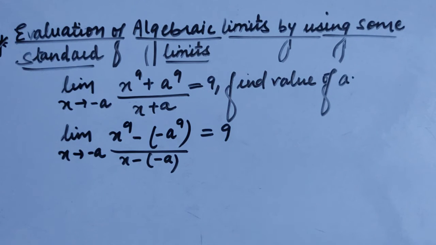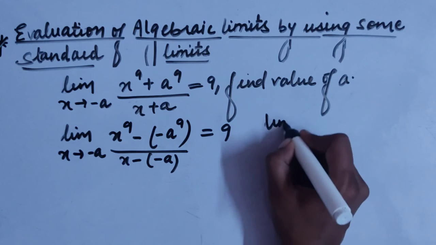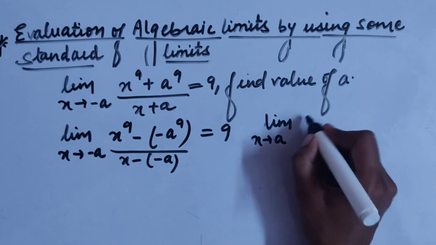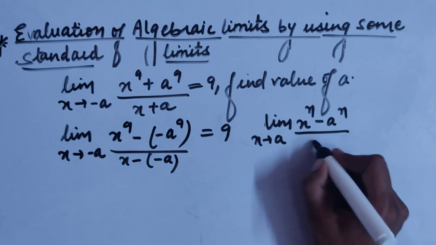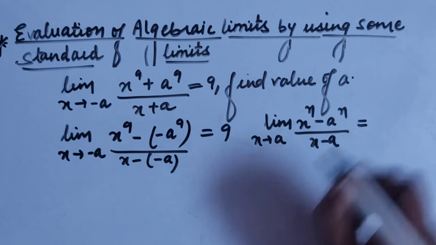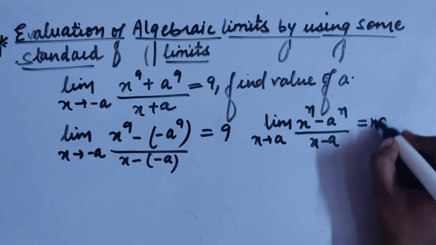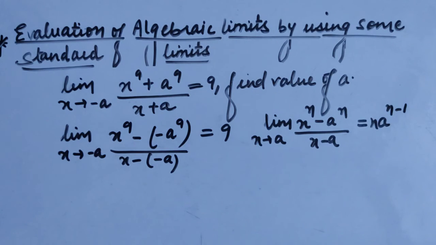So if I am using the concept of standard limit, what does that say to you? That says limit x tends to a of x raised to the power n minus a raised to the power n upon x minus a will be equal to n into a raised to the power n minus 1. So we can use this concept over here now. When I use the standard limit over here, what result will I get, students?